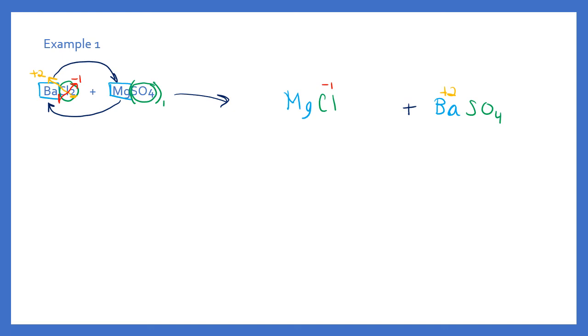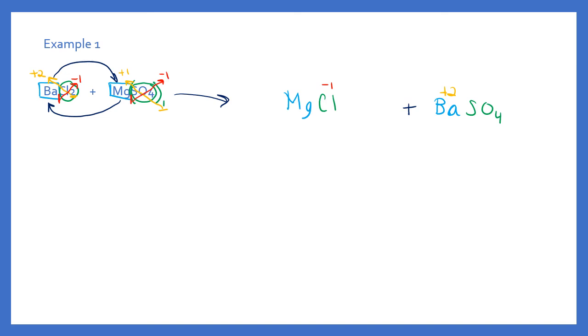I'm going to put that over there on the products. Good. Now, looking at the next compound, there's a 1 between the magnesium and the sulfate, and there's this 1 on the outside of the sulfate. So the 1 reverse crisscrosses up and tells me that magnesium is taking a +1 charge, and this 1 reverse crisscrosses up and tells me that sulfate is taking a -1 charge.